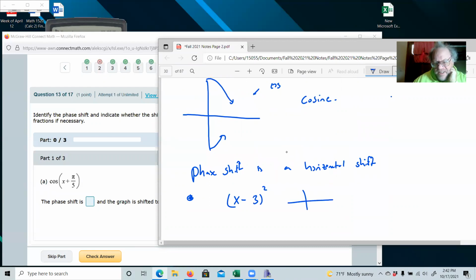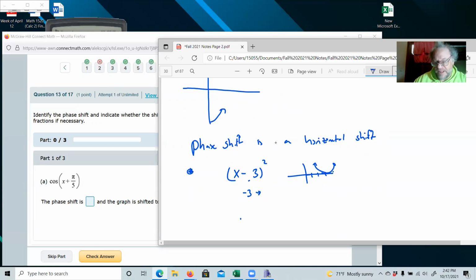It was a graph that was shifted over 1, 2, 3, and that was our shift. In trig, we call this a phase shift. When it was minus 3, it was a shift to the right.